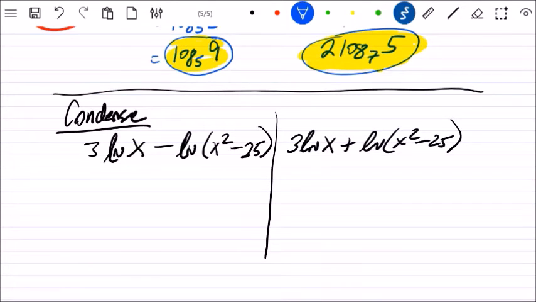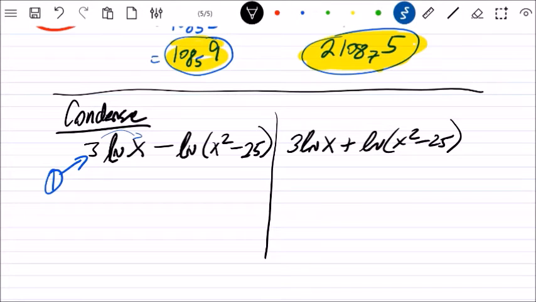Here, because that's minus, I would want to put this in dividing, but first we have to take care of that. In other words, you cannot do the power property or the quotient property unless there's no coefficient in front. So our first thing is to do that.